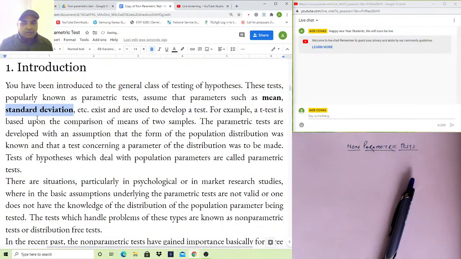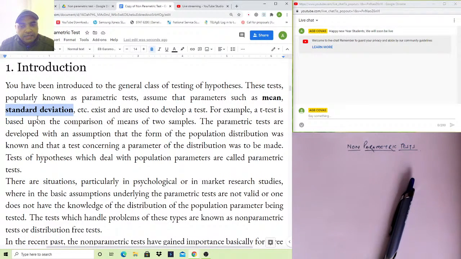Whatever test we have done, you have seen that we made use of mean and standard deviation or variance. For example, a t-test is based on the comparison of means of two samples.